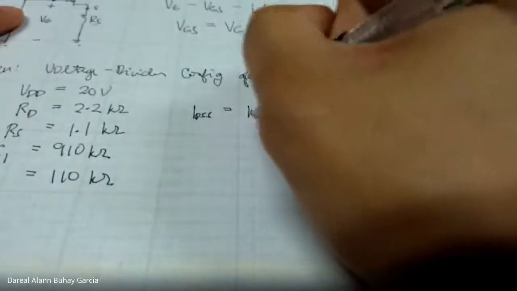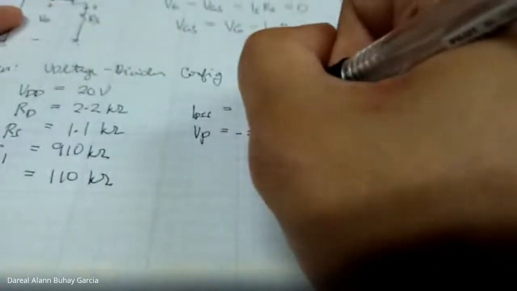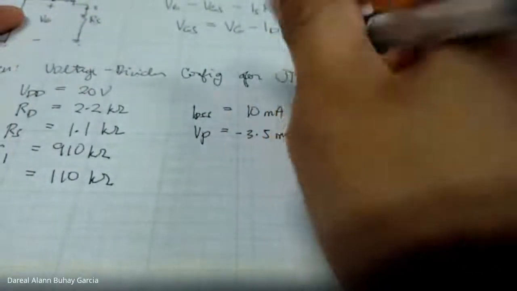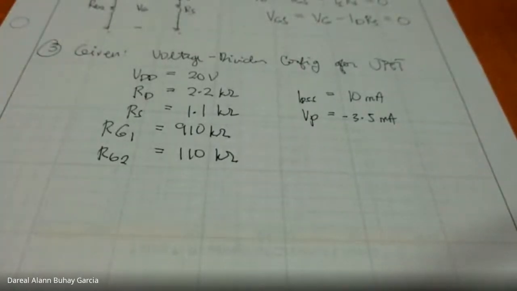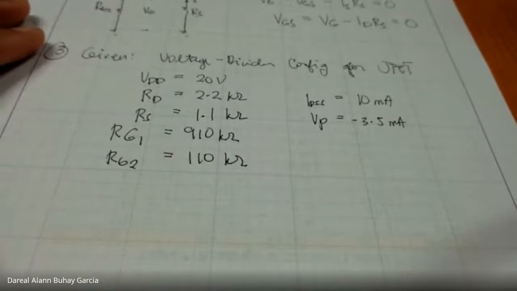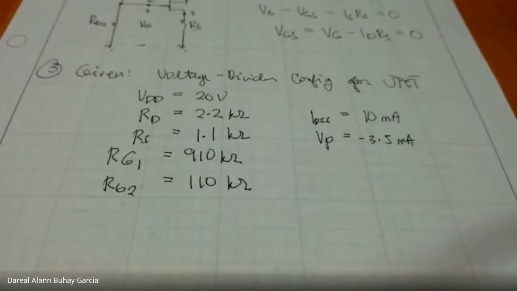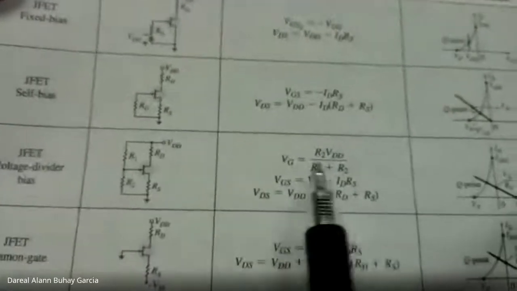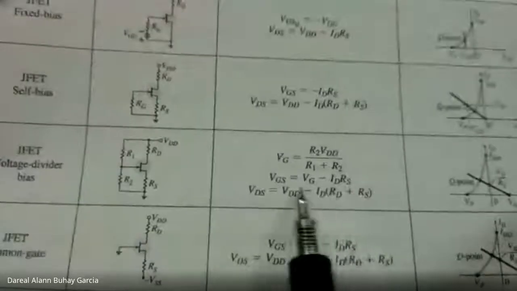Device characteristics: IDSS is 10 milliamperes, VP is negative 3.5. Same as before, find ID, VGS, and VDS. It is in the table already, the same as what we derived.